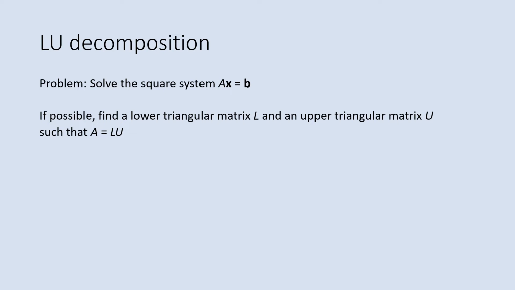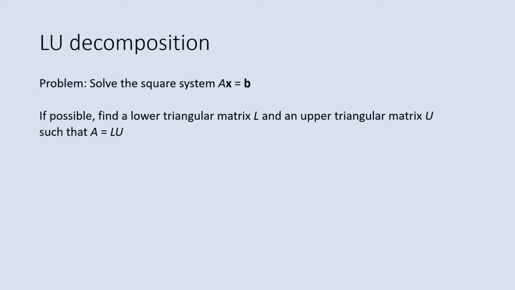Another method is the LU decomposition. Again, we start with the same problem. We're going to solve a square system, A times X equals B. What we want to do is find a lower triangular matrix L and an upper triangular matrix U such that A is equal to L times U. Now, typically the approach to this is through Gaussian elimination.